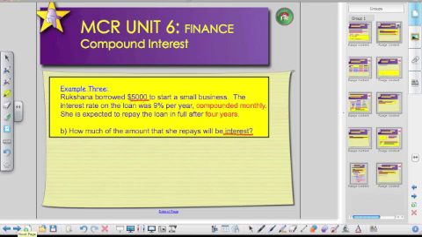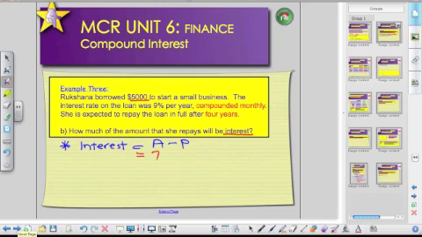So the formula that you always use when doing this, your total interest, is equal to your A subtract P. So my final amount subtract the initial amount that Rukshana borrowed.